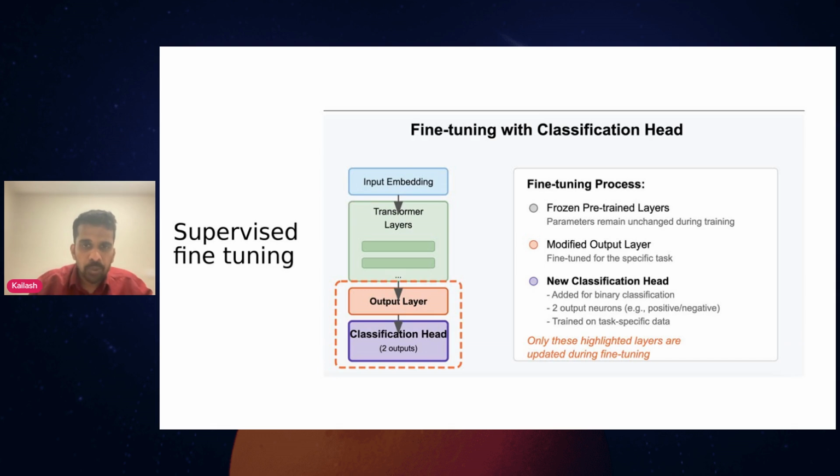So what we do traditionally, we freeze all of the model layers. What you see here is a simplified version of LLM architecture. You have input coming from the user, which translates to an embedding. And we have a set of transformer blocks, it's not just a single transformer block. We have a set of transformer blocks followed by the output layer.